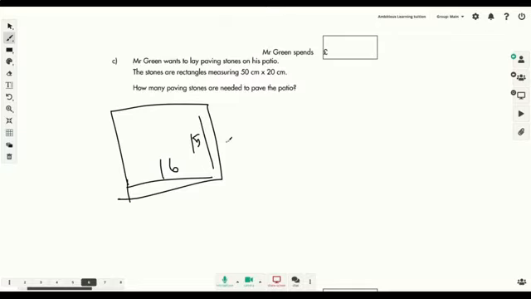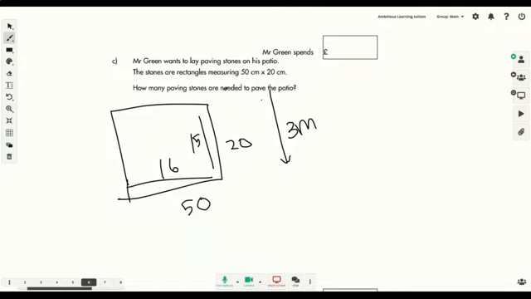Here will be 20 centimeters, and here would be 50 centimeters, and the whole of this, sorry about that, my drawing is really bad, will be 3 meters.